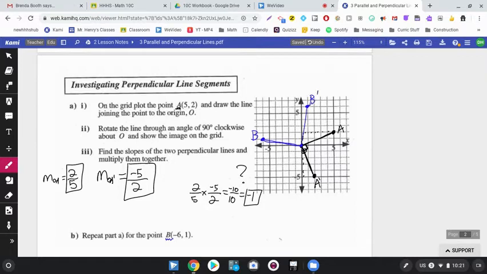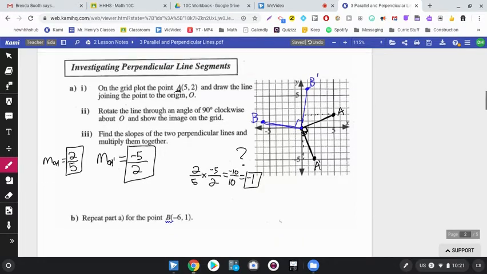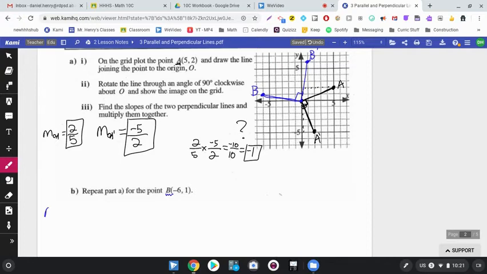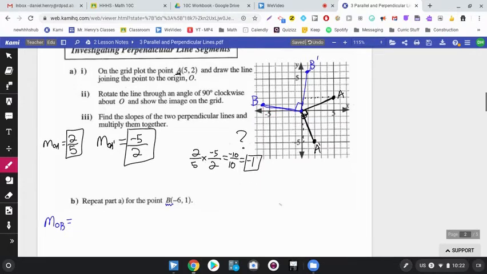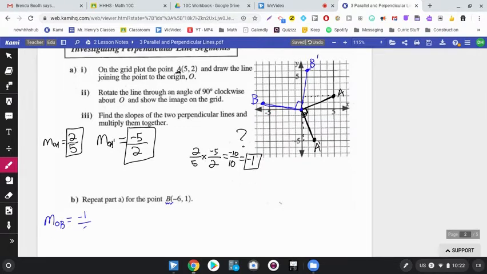There's B prime. And I know these are perpendicular lines. Okay, well, let's find the slope of these lines, and then we'll multiply it, and we'll maybe make a connection. So from O to B, rise over run. I'm going to go left to right, from B to O. Down 1 over 1, 2, 3, 4, 5, 6. Down 1 over 6. So my slope would be -1/6.